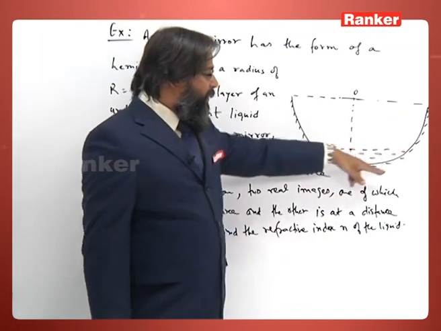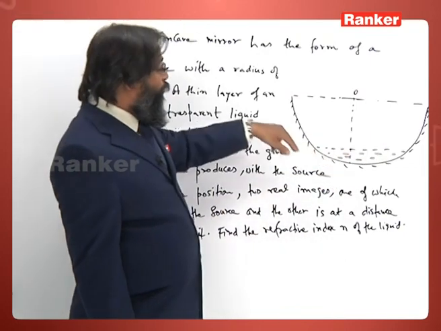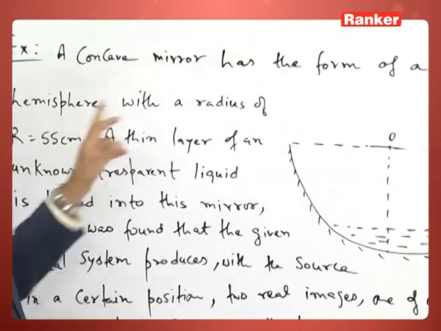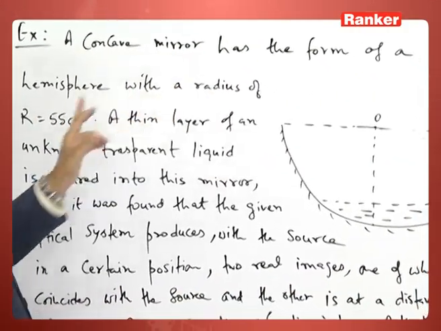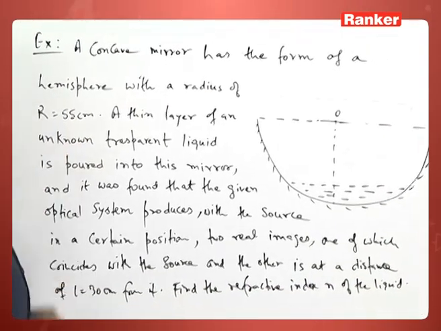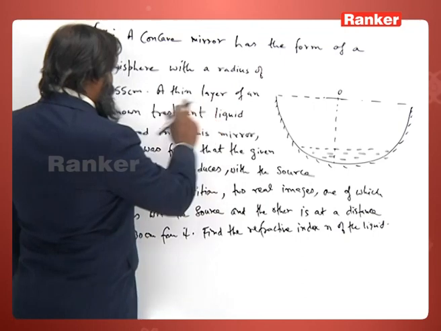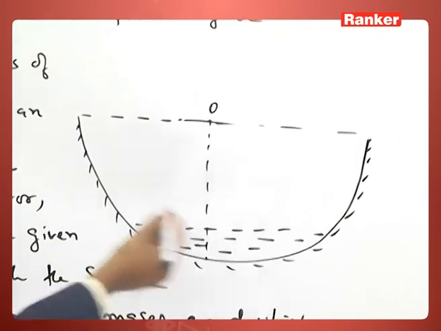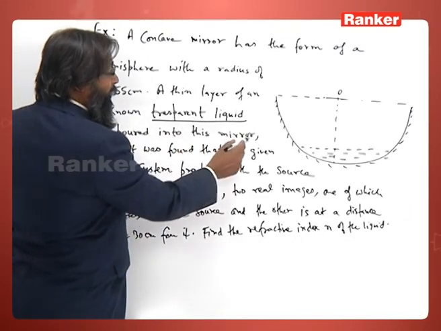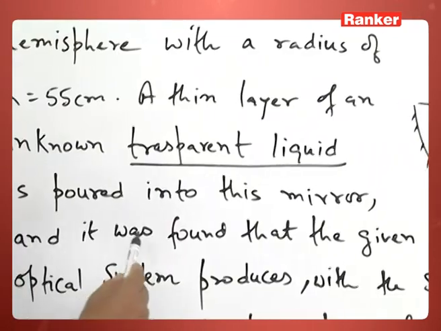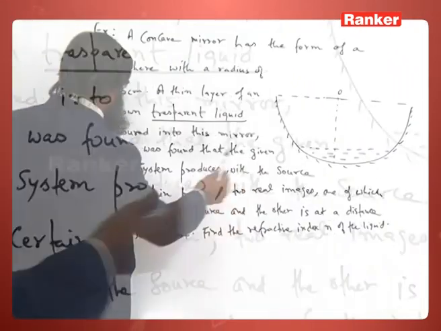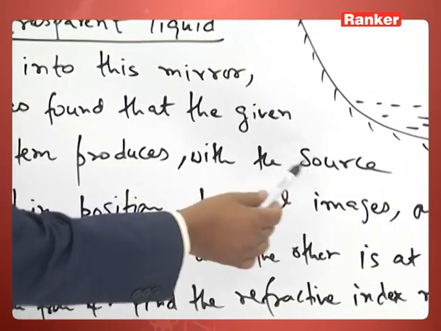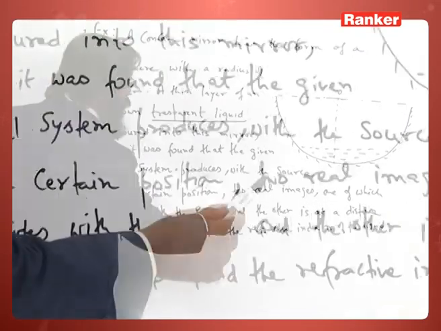This is a spherical concave mirror. A concave mirror has the form of a hemisphere with a radius of r equal to 55 centimeter. A thin layer of an unknown transparent liquid is poured into this mirror, and it was found that the given optical system produces, with the source in a certain position, two real images.